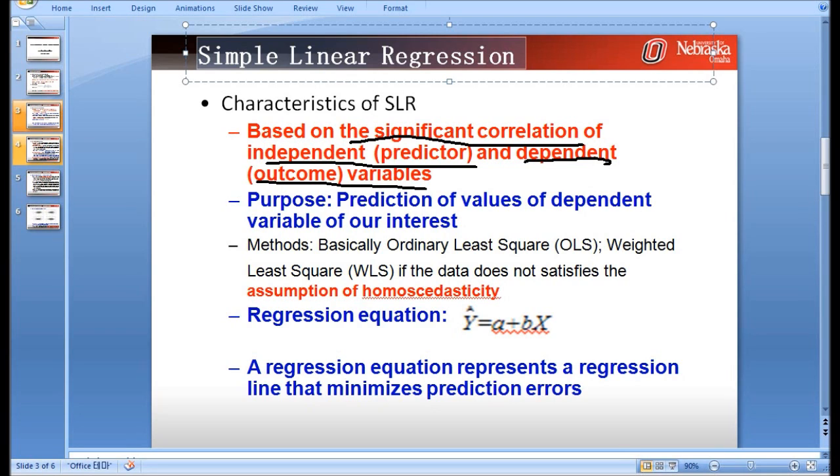This is because the purpose of regression analysis is to make predictions about the value of the dependent variable given certain values of the predictor variable.